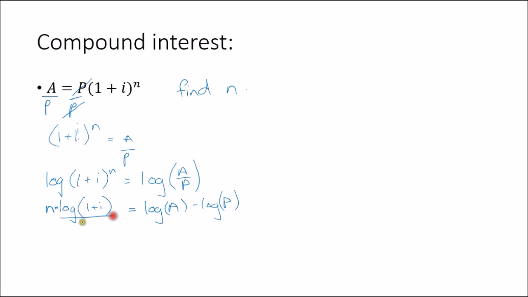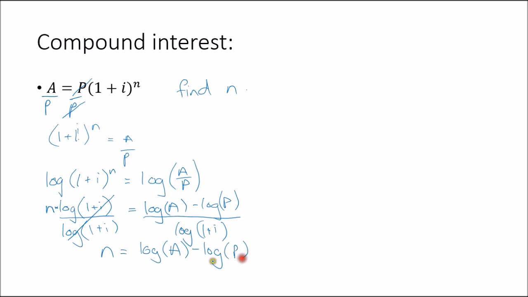So the opposite would be to divide both sides by log of 1 plus i, which I'll do. So over here they cancel and I'm left with n equals log of a minus log of p over log of 1 plus i.